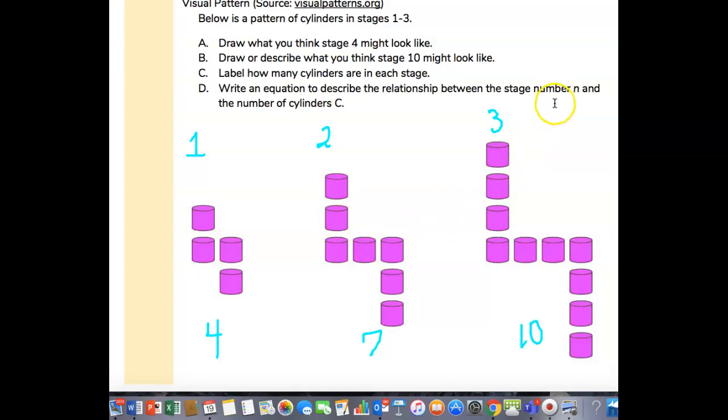So let's see, I'm not going to try to draw a cylinder. I'm just going to put an X. So this is stage 4. So each of these X's is the same as that cylinder, okay? So we're going to have 1, 2, 3, 4, and it's going to go up by 1, 2, 3, 4. So this is going to be 5, okay?